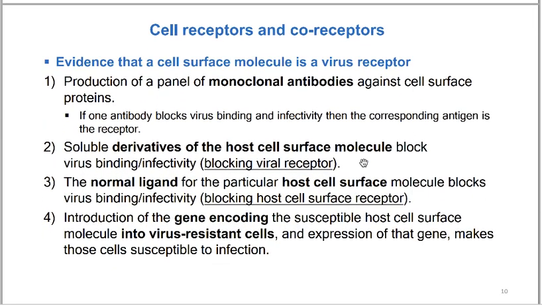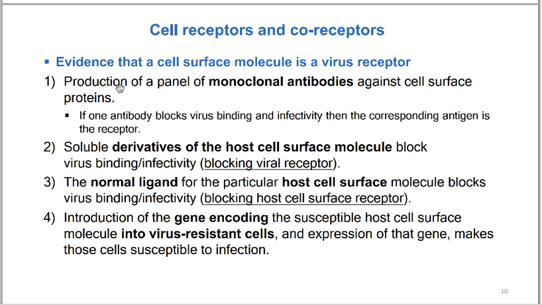So what are the evidences that cell surface molecules can work as a virus receptor? There are four evidences here. First, production of a panel of monoclonal antibodies against cell surface protein. You know what a monoclonal antibody is? Okay, it is generated from one immune cell against one type of epitope of the antigen.